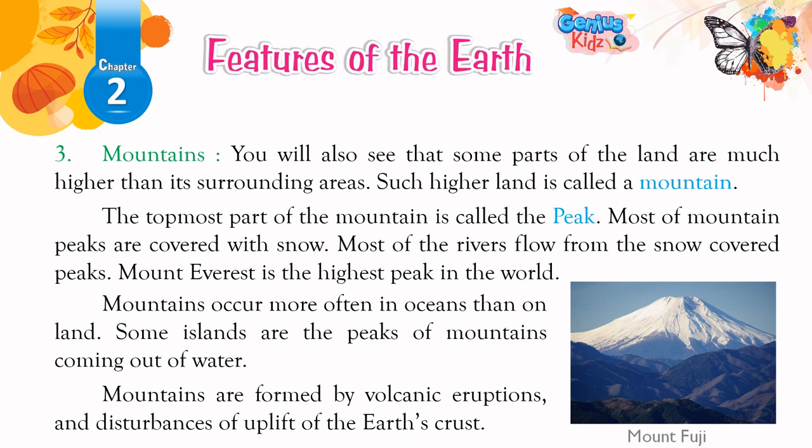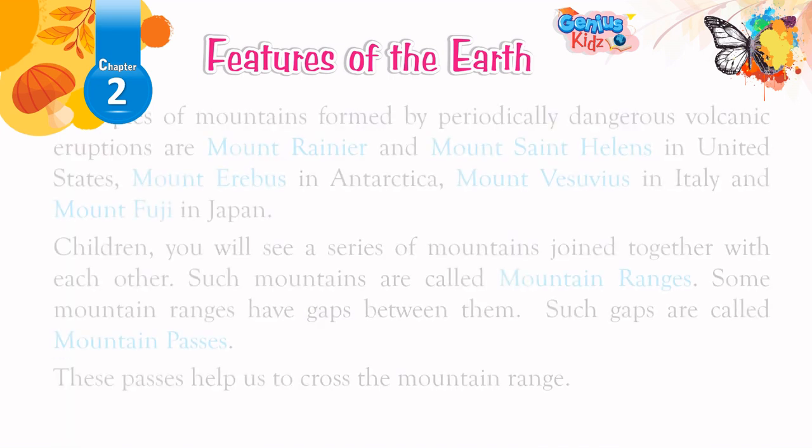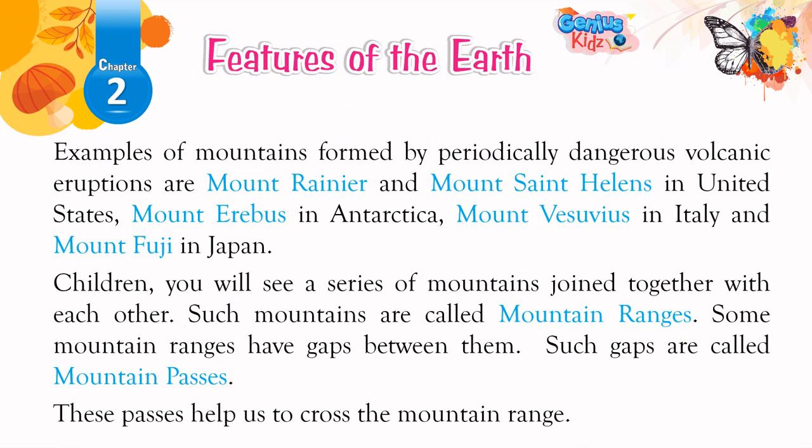Mountains are formed by volcanic eruptions and disturbances of uplift of the Earth's crust. Examples of mountains formed by periodically dangerous volcanic eruptions are Mount Rainier and Mount St. Helens in United States, Mount Erebus in Antarctica, Mount Vesuvius in Italy and Mount Fuji in Japan.